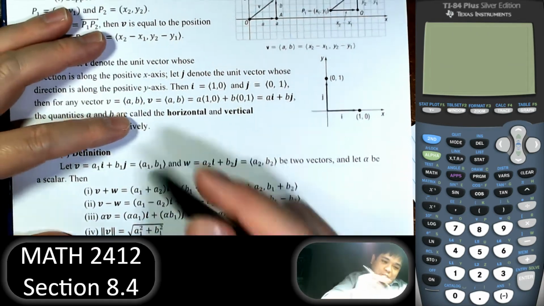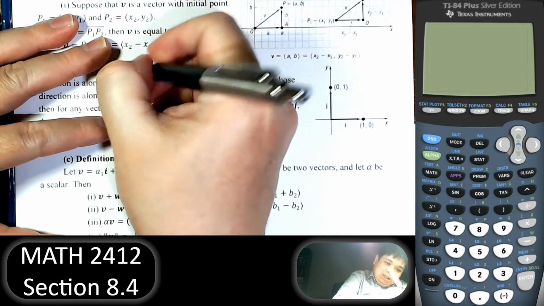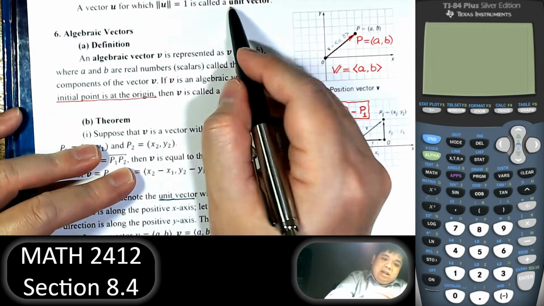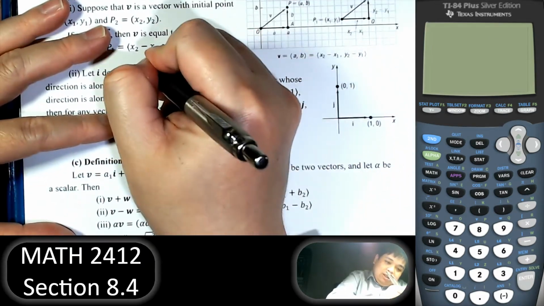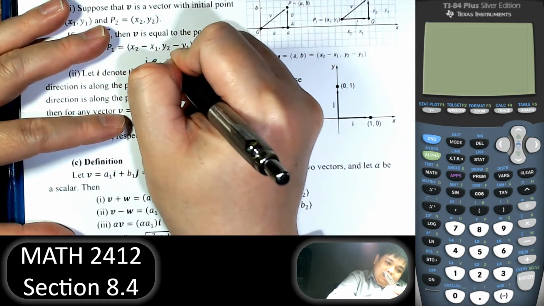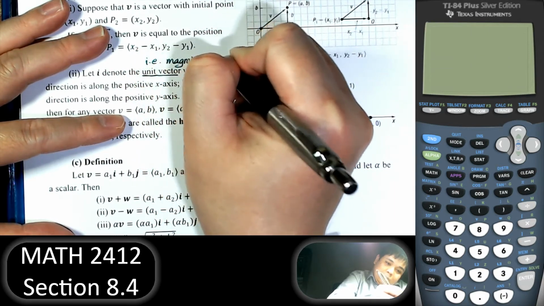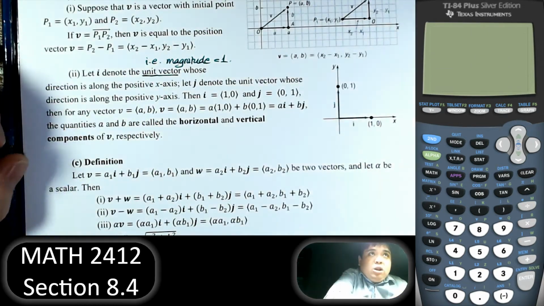What did we say about the unit vectors? A unit vector, once again, has length equal to 1. The magnitude is equal to 1.